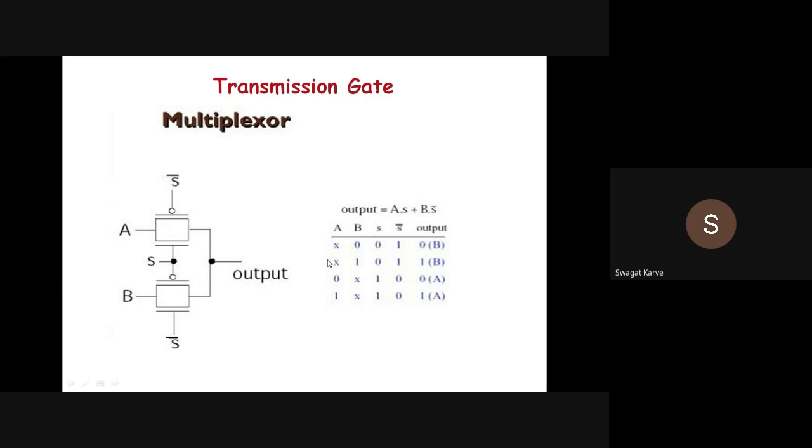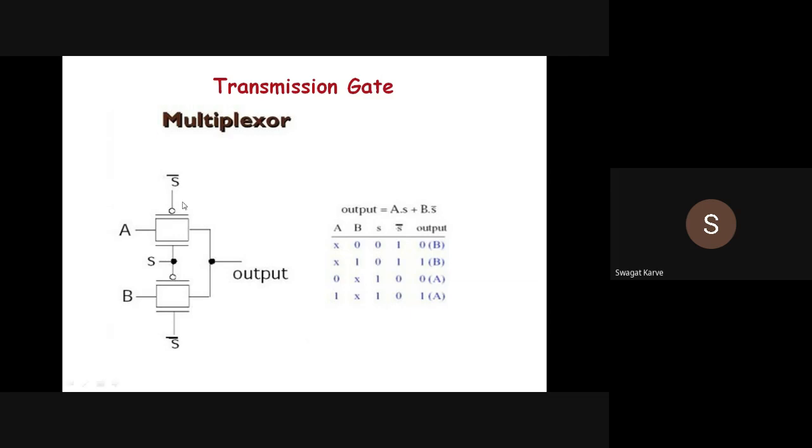Similarly, check for the next combination. Now again this X is don't care itself, and if you apply 1, who is capable of transmitting a strong logic 1?